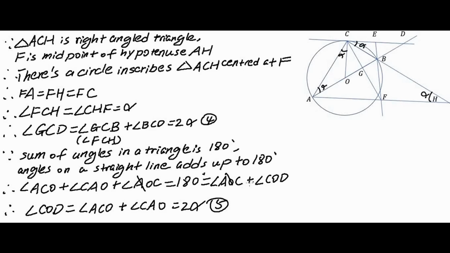Why do we do this? This is because by looking at equation 4 and equation 5, angle GCD must equal angle COD, and we can use this to prove that triangle COD is similar to triangle GCD, because we have two pairs of angles with the same measure, that is, angle GCD equals angle COD equals 2 alpha, and the angle D is shared by the two triangles.